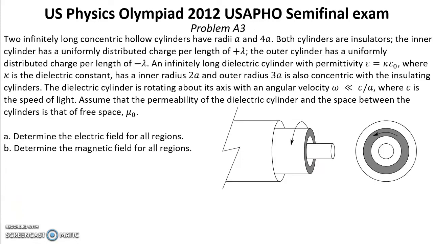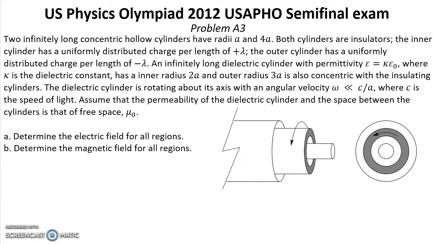US Physics Olympiad, year 2012, USAPHO, Semifinal exam. Problem A3. Solution for this problem you can find in the reference of the description below this video. Two infinitely long concentric hollow cylinders have radii A and 4A.